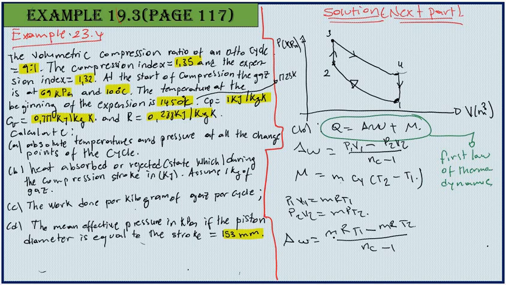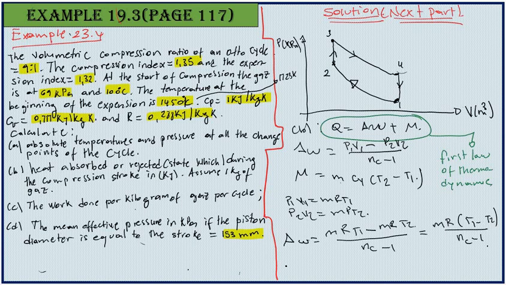I realize that we have a common term, which is M and R, so they can go outside. So this can be simplified to MR outside the bracket, and then I have T1 minus T2 divided by n minus 1.